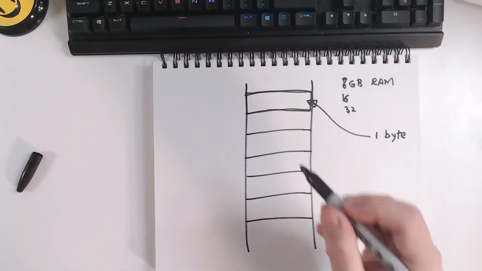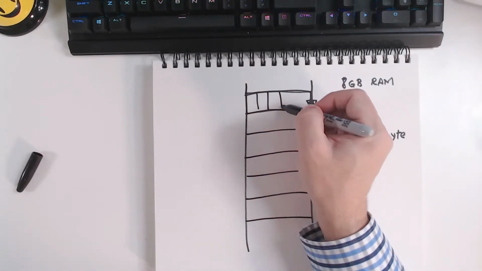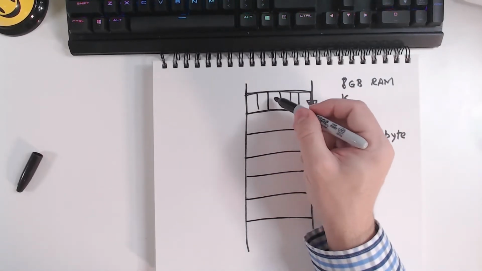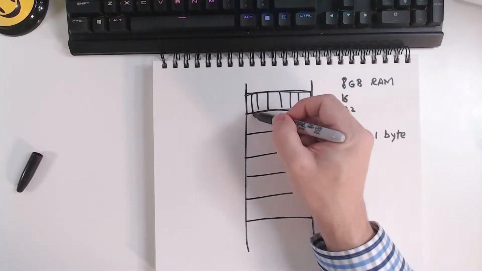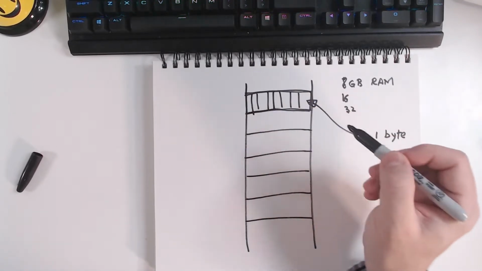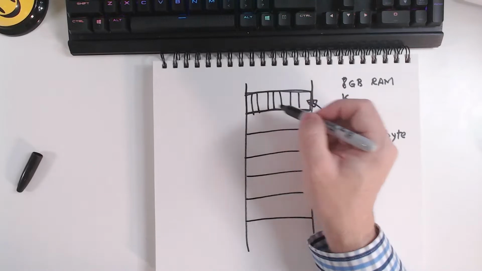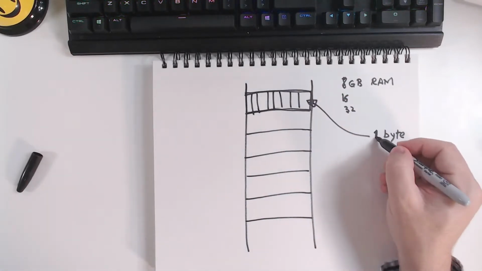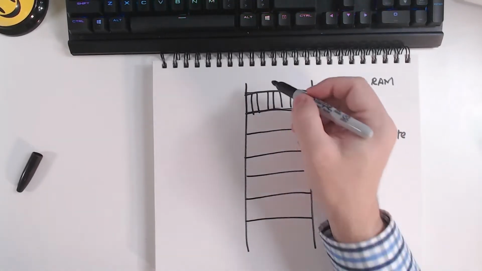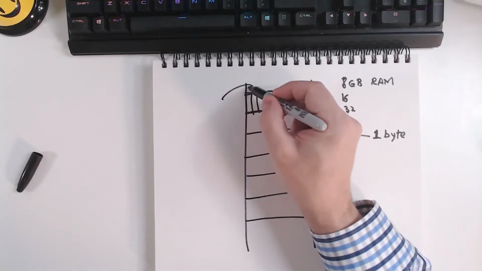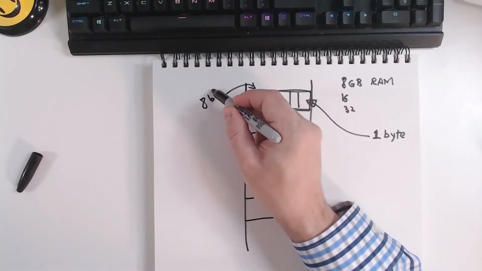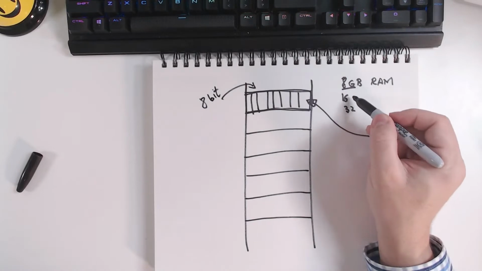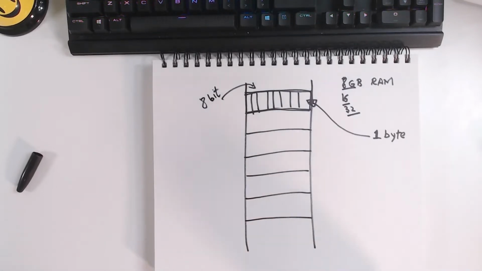A byte is a group of 8 small bits. A byte is 1, 2, 3, 4, 5, 6, 7, 8. So imagine in your computer memory, each of these cells that are 1 byte contains 8 bits. And your computer has 8 gigs or 16 gigs or 32 gigs of RAM.